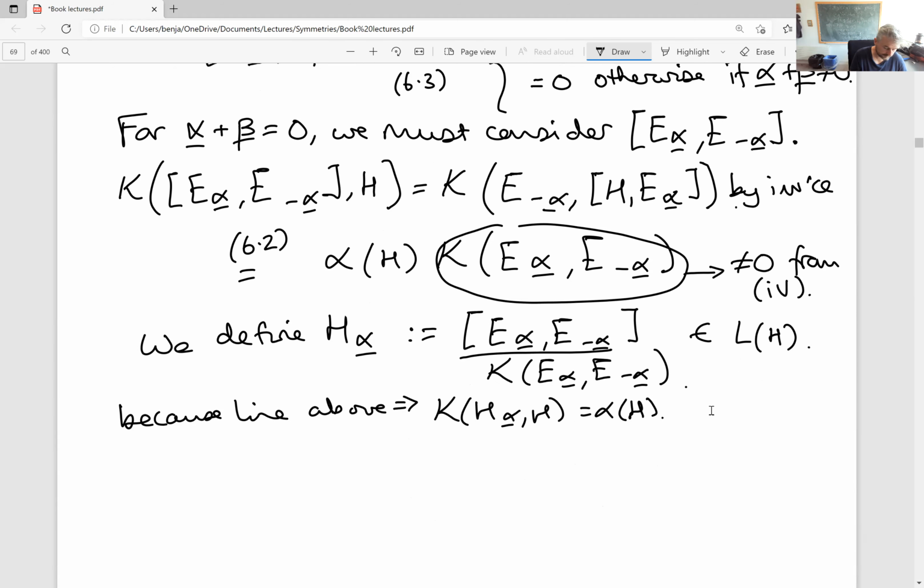So H_alpha solves this equation for all H in the Cartan subalgebra, and it does it uniquely because the form is non-degenerate.